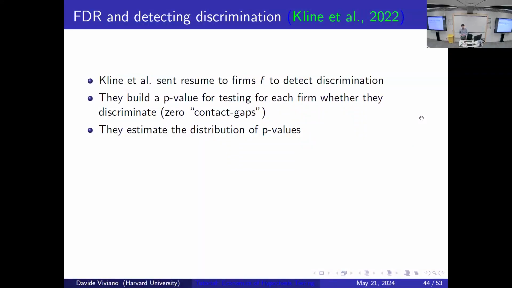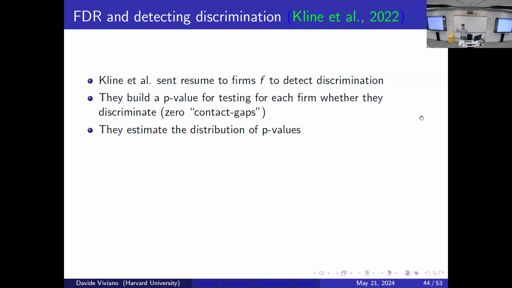So I just want to mention a paper where false discovery rate enters recently in economic research, and this is a paper by Kline and Walters published in QJE. The idea of this paper is to send resumes to firms to detect discrimination. And so what they do is build a p-value for each firm. For each firm, there are many resumes, and they look at the difference in contact gaps, that is, the difference in contacting people who are white and Black, for instance.